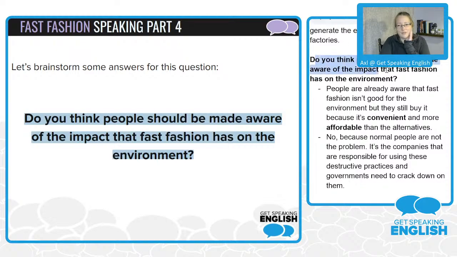So it's kind of tricky because, is it really going to change how they act? So maybe it's the governments that need to crack down on these companies and make them do better for the environment, right?